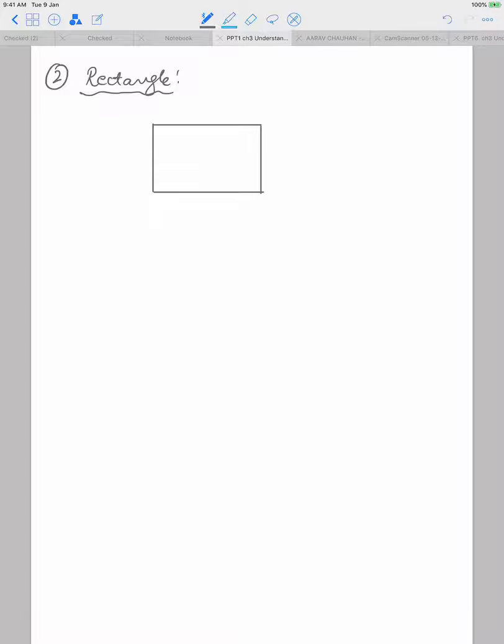Suppose let me name it as ABCD. So again, a rectangle has all the properties of a parallelogram. All the properties of a parallelogram are present in a rectangle.